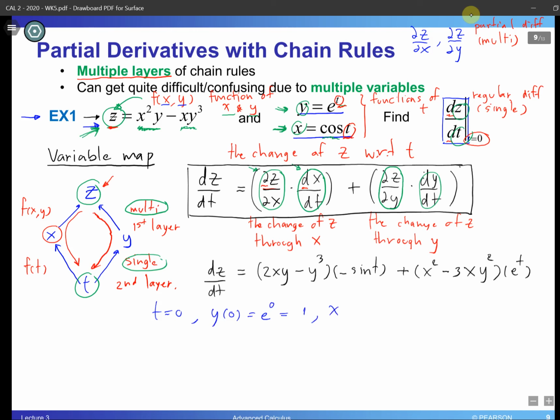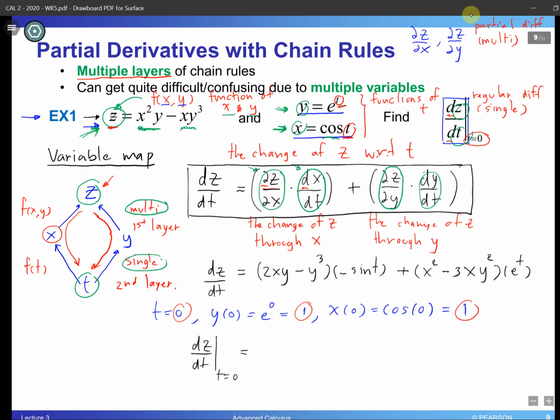Now x at time equal to 0 is going to be cosine 0, and that is equal to 1 as well. Now I can find this dz by dt at time equal to 0 by plugging all these numbers in. T equal to 0, y equal to 1, and x equal to 1.